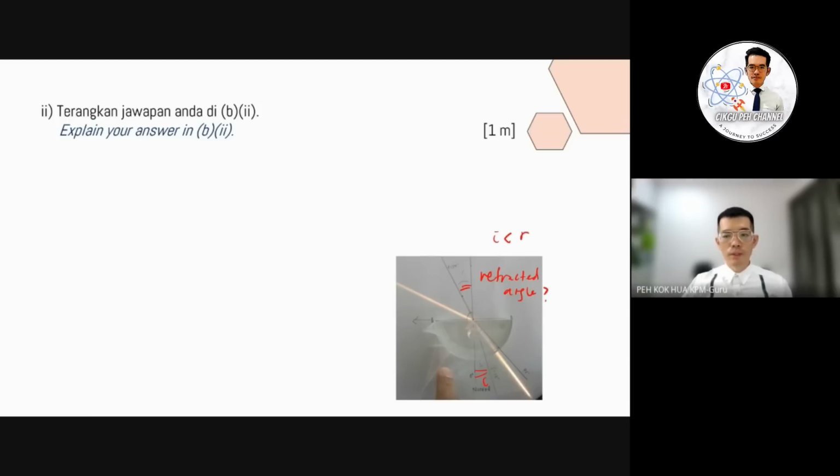This is due to the speed of light in the denser medium or higher optical density medium, which is the glass block, being slower compared to the speed of light in the less dense medium or low optical density medium, which is air here. So the light refracted away from the normal. So the angle of the refracted ray will be greater.